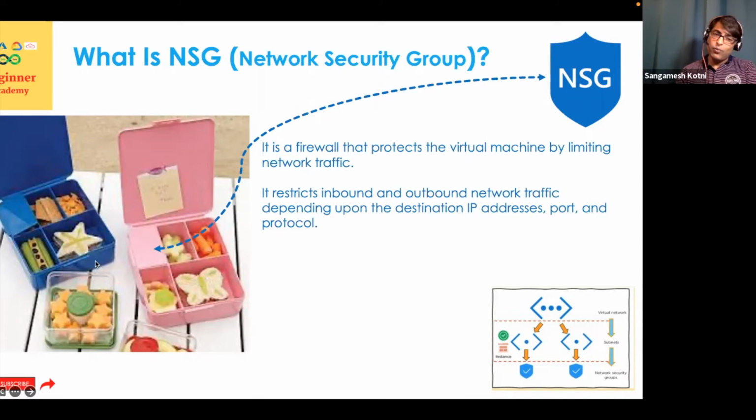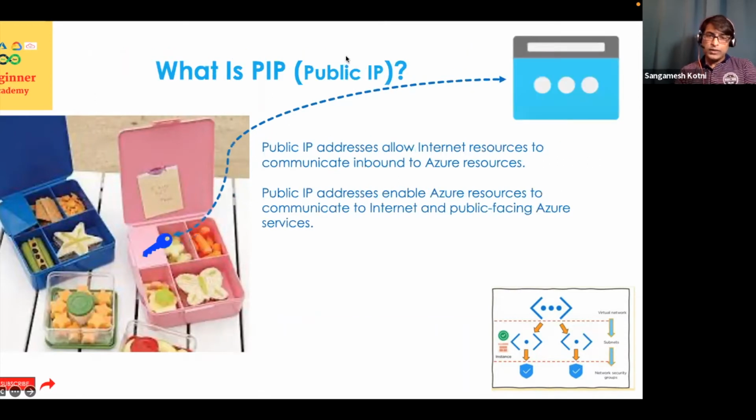If you open it, then only you would be able to enter inside. That is the work of NSG in this case. So inside and outside, that is inbound traffic and outbound traffic, all those things would be controlled. You can control it in your network security group itself. So next comes PIP. We call it a public IP.